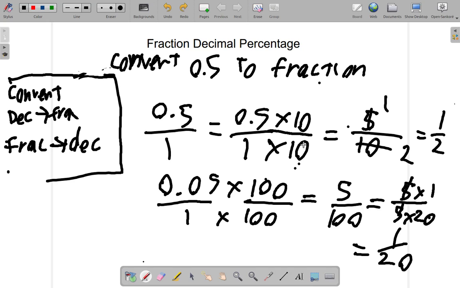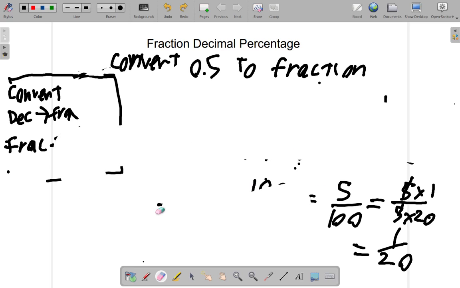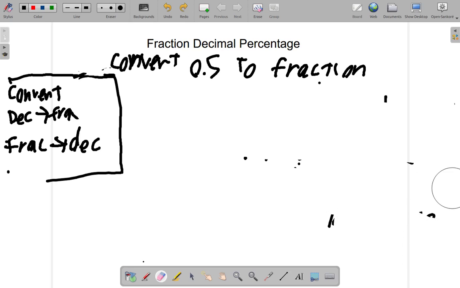Now, that's a case of converting a decimal to a fraction. Let's look at another example. We're going to convert another decimal to a fraction and see what happens. Let us convert 0.25 to a fraction. Remember, any number you write really means the number over 1.